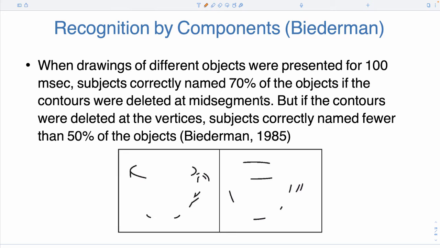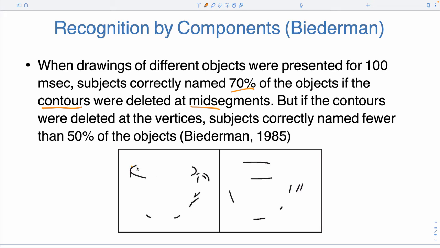When drawings of different objects were presented for 100 milliseconds, so pretty quick, 1/10 of a second, subjects correctly named 70% of the objects if the contours were deleted at mid-segments, not the corners. If the contours were deleted at the vertices or the corners, subjects correctly named fewer than 50% of the objects.